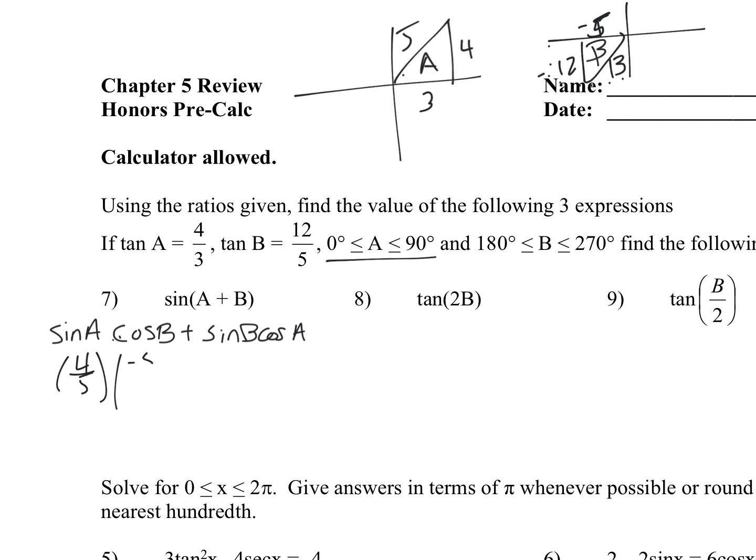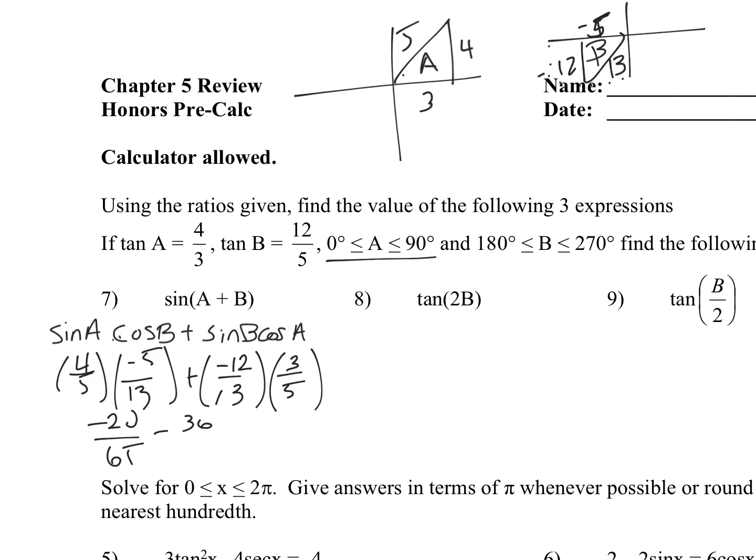Cosine of A is adjacent, 3 over 5. Sine of B would be opposite, -12 over 13. Cosine of B would now be -5 over 13. And so when I multiply, I get -48 over 65 minus 15 over 65. And I end up with -63 over 65. So once you build those two triangles, it's actually quite straightforward.